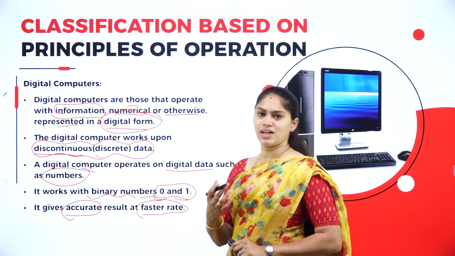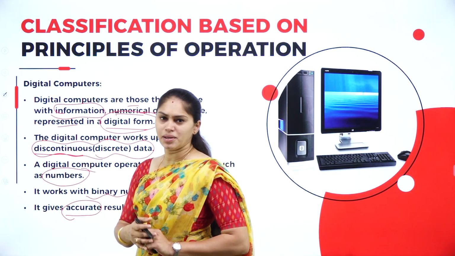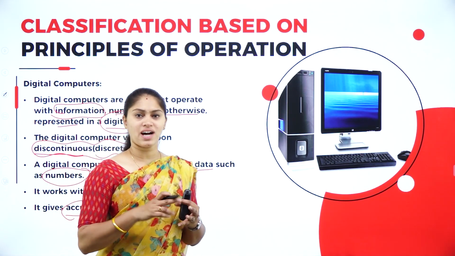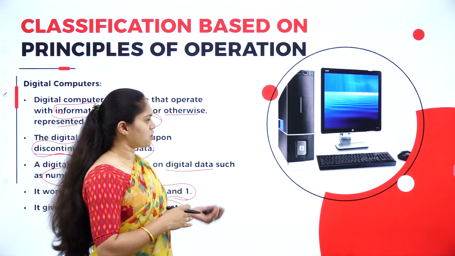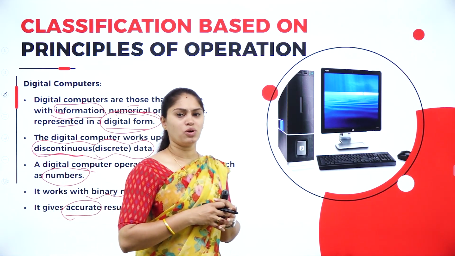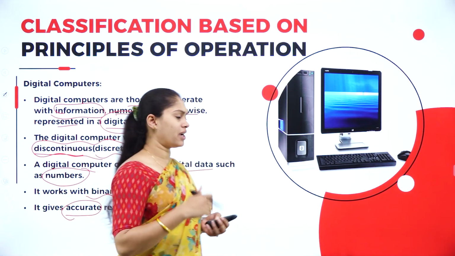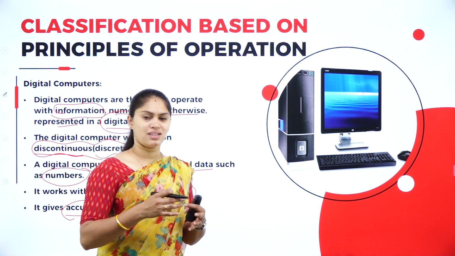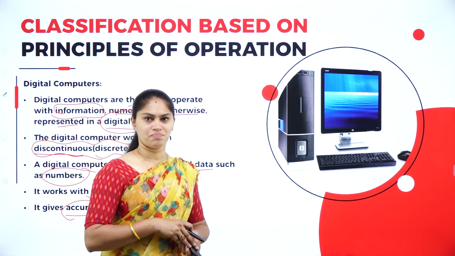So when it comes to computations or measuring, this digital computer is very fast compared to the analog computer. Here you can see the example, the normal computer system we have now. You can take the example of Macintosh, IBM, all those come under this digital computer.